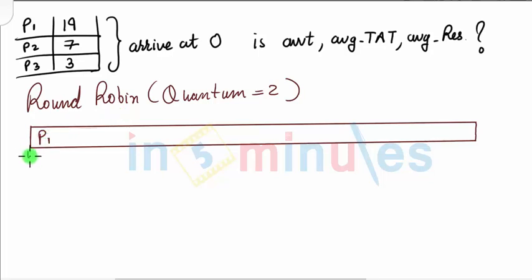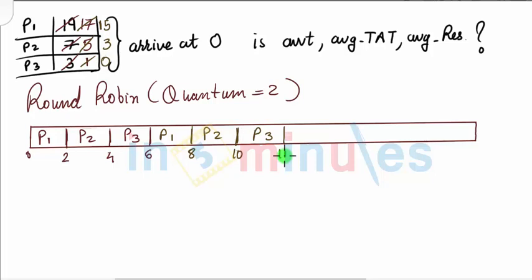First P1 goes from 0 to 2, left is 17. P2 goes in, left is again 5. P3 gets in, left is just 1. In the next round P1 gets in again, running to 8, left is 15. P2 gets in, left is 3. Finally P3 gets exhausted, giving only one cycle, making it 11, and now the sequence starts again.